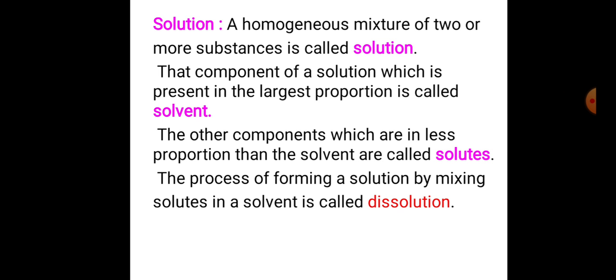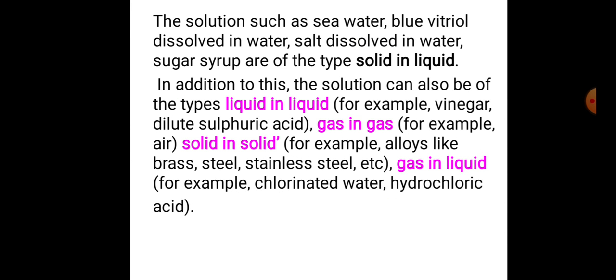Solutions such as sea water, blue vitriol dissolved in water, salt dissolved in water, sugar syrup are of the type solid in liquid. So solid particles are dissolved in liquid. It is a type of homogeneous mixture in which solids are dissolved in liquid.